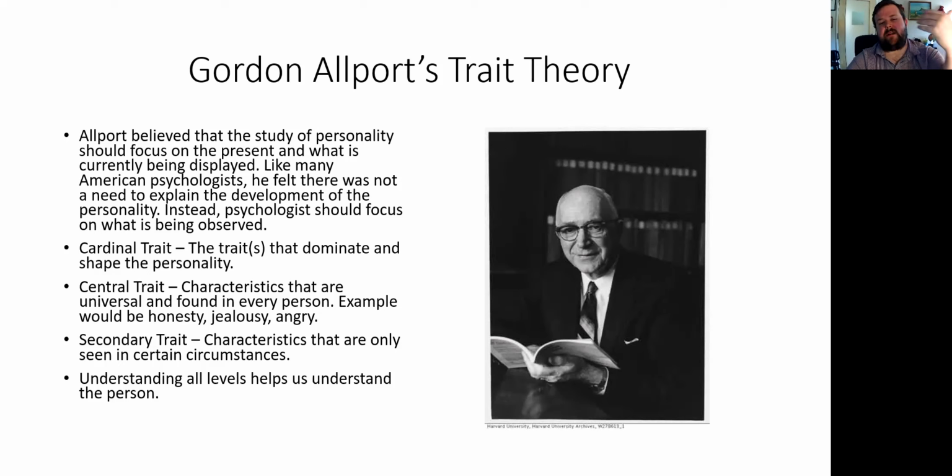So really understanding all these levels helps us understand the person. We can observe them from an etic standpoint, having these different circumstances and seeing what traits are expressed. We can also ask someone how they act in certain circumstances, from an emic perspective. So that's trait theory, or Gordon Allport's trait theory.